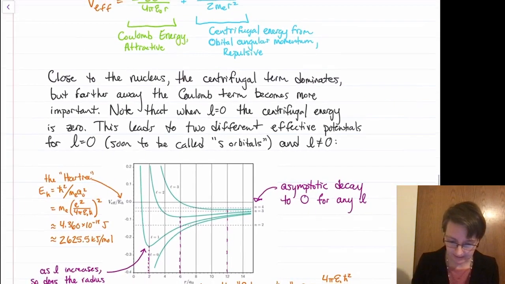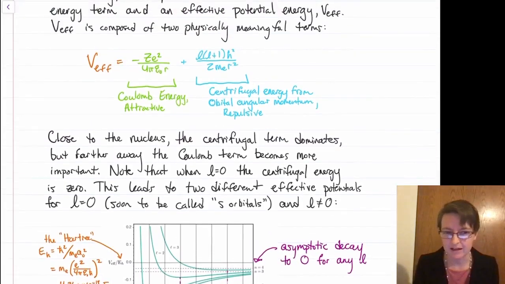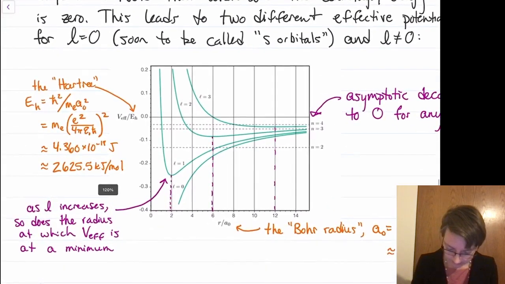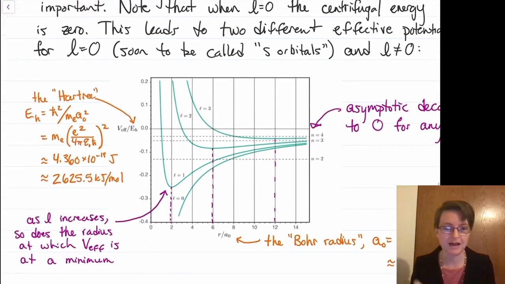You'll notice, sneakily from the math above, that if L is equal to 0, this centrifugal energy term goes to 0. And so that's why our L equals 0 term doesn't seem to have any repulsive contribution to it. In terms of our energy scale, I'm going to introduce a new unit of energy called the Hartree.